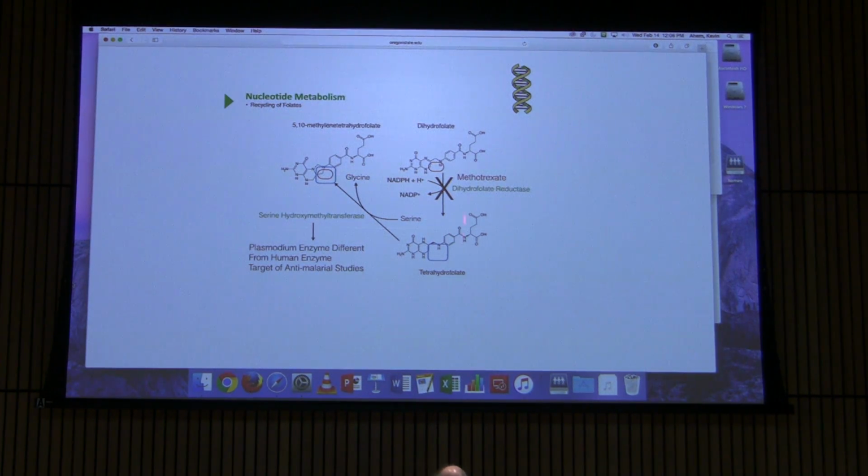Okay? So that means then that methotrexate is another approach to an anti-cancer drug. It's not a suicide inhibitor, it's just simply a competitive inhibitor. Remember the difference between a suicide inhibitor, which covalently binds to a molecule, and a competitive inhibitor, which simply binds but not covalently, okay, is that a competitive inhibitor can come off, right?